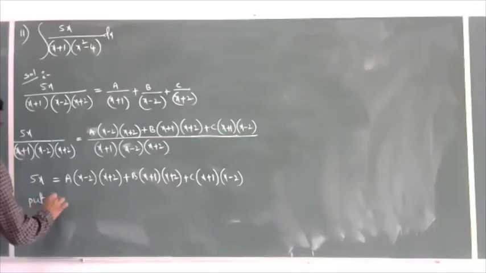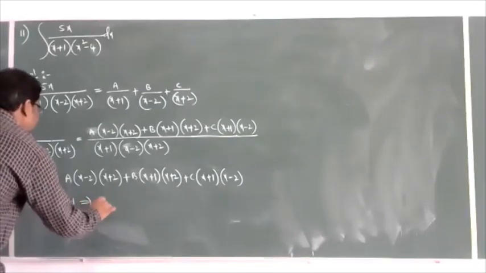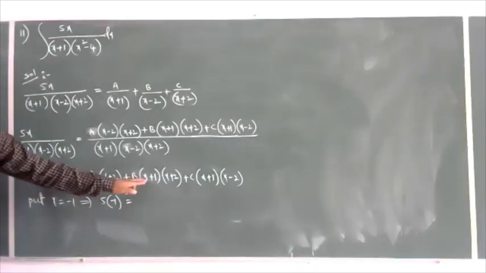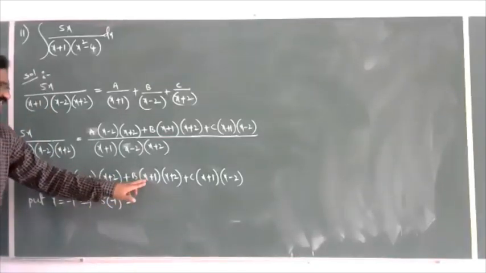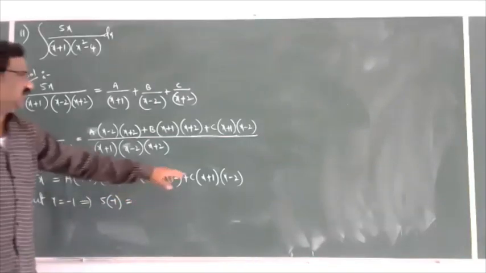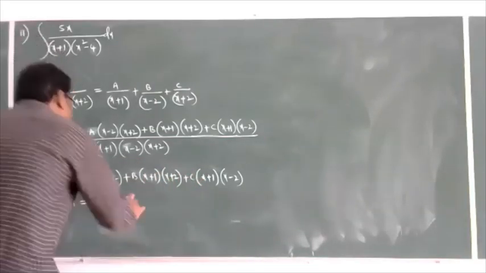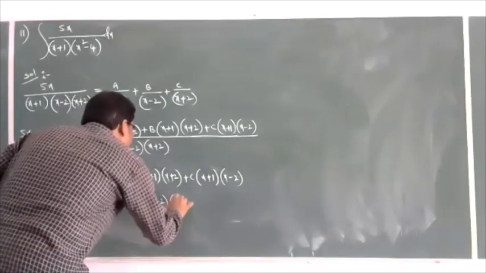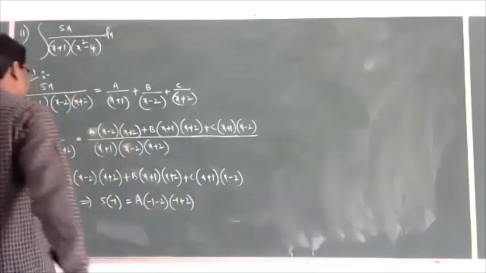Put x is equal to minus 1. That implies 5 into minus 1 is equal to, here this term goes to 0, this term 0, that is A into (minus 1 minus 2) into (minus 1 plus 2).